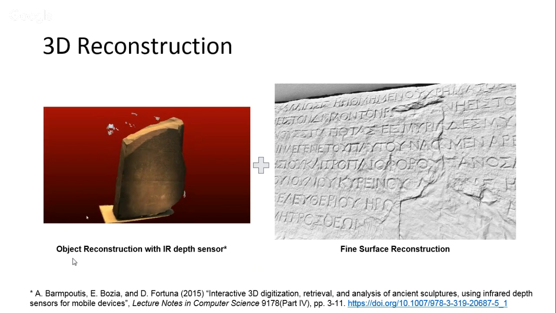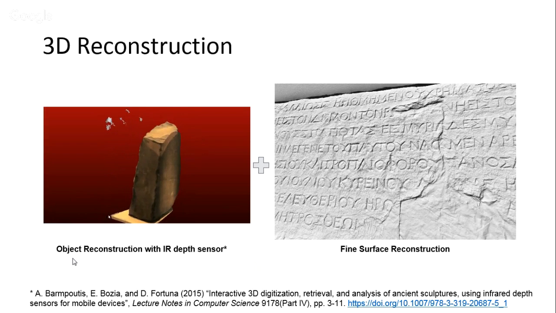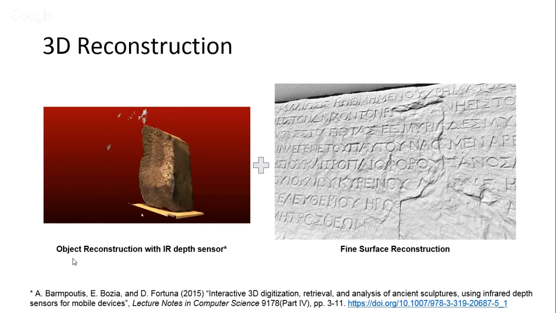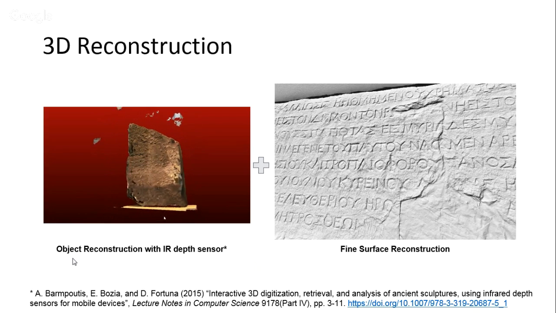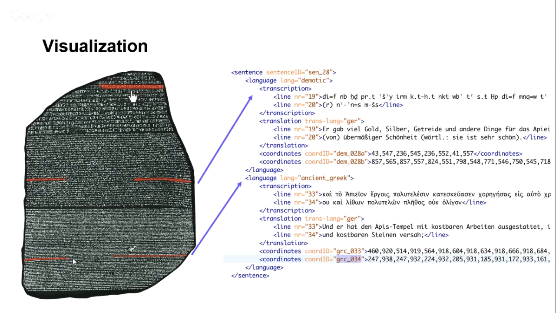And if we append to that the very fine details of the 3D reconstructed inscription, we have a multimodal digitization of the stone that will become, of course, available online along with the other modalities of the text. And now we have the last transition for today.